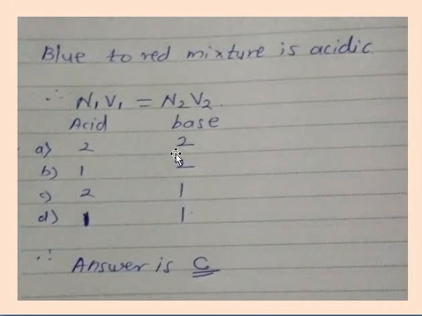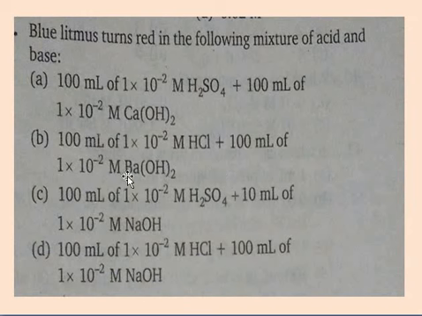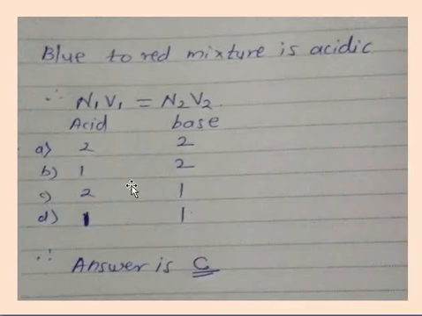Therefore, acid and base are equal. Second, HCl is a monobasic acid and Ba(OH)2 is a dibasic base. Therefore, one volume of HCl combines with two volumes of base, so the condition is basic. The first condition is neutral.